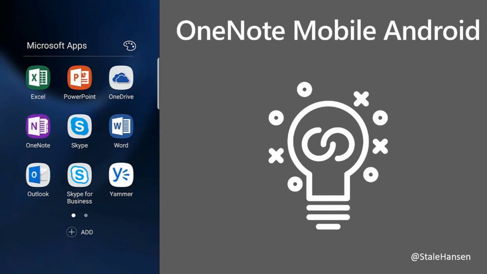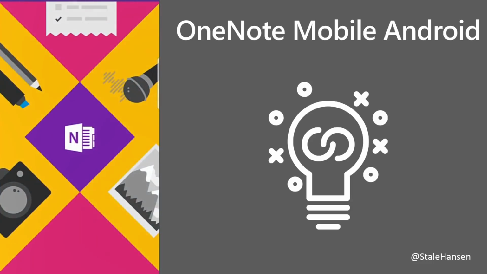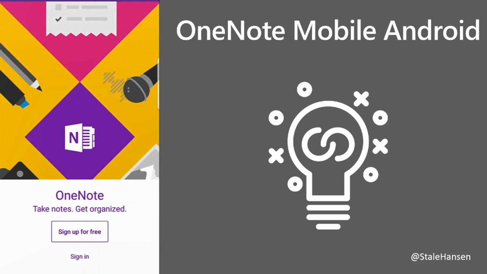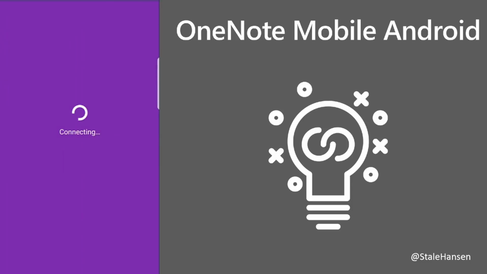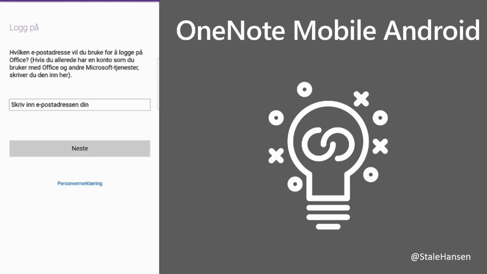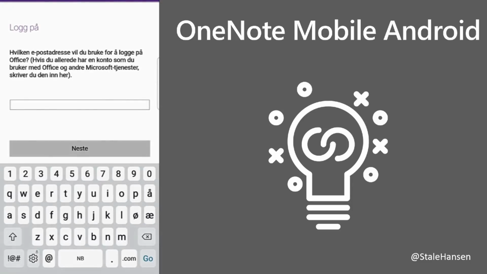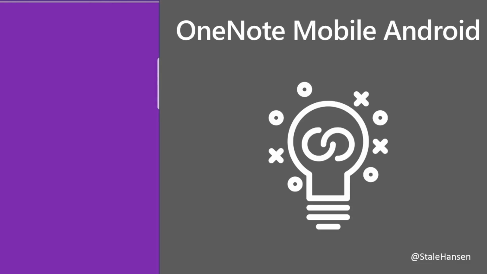So to set it up the correct way, especially on Android, but it also is a good way to set it up for iOS, you need to configure this. You need to sign in to your account, preferably an Office 365 account, because that's your enterprise identity. Hopefully, you have multi-factor authentication, conditional access, it's secured content.